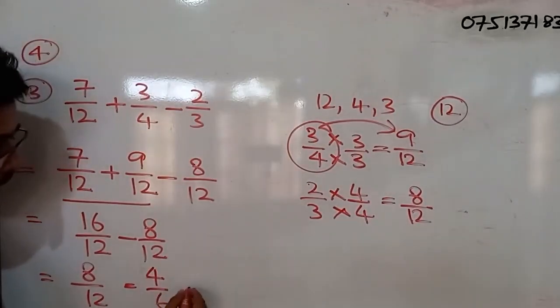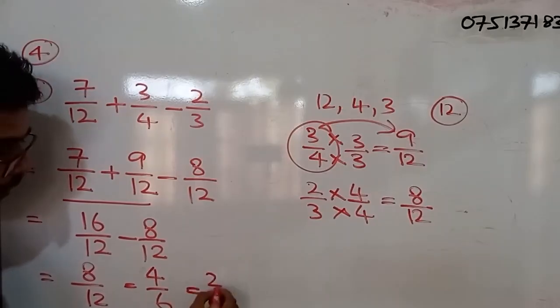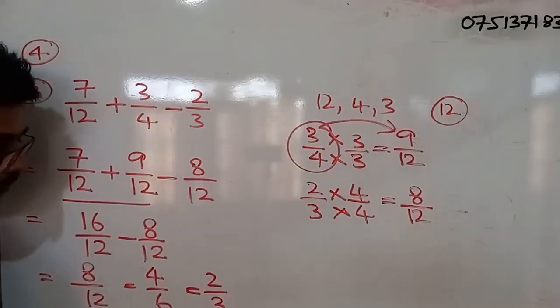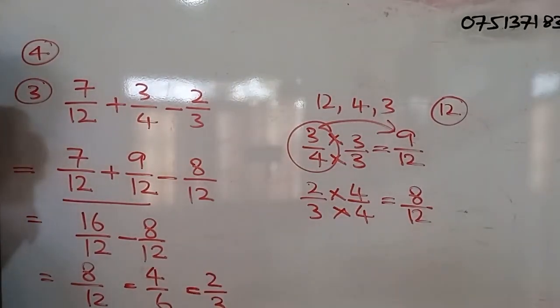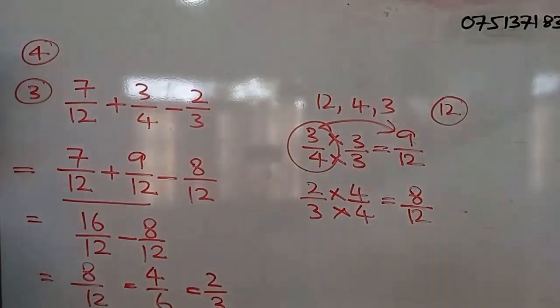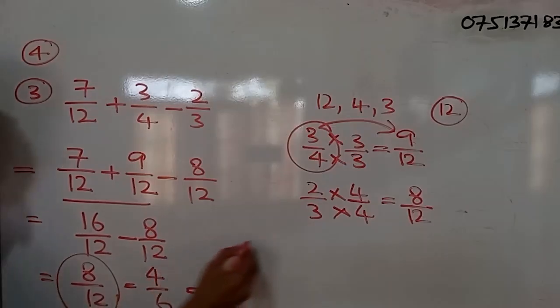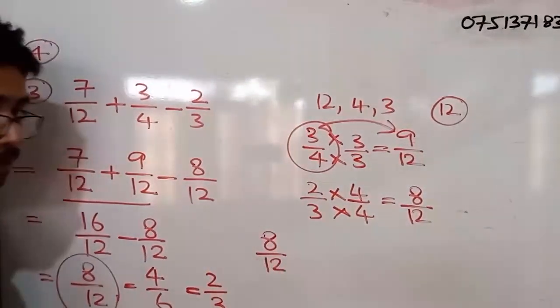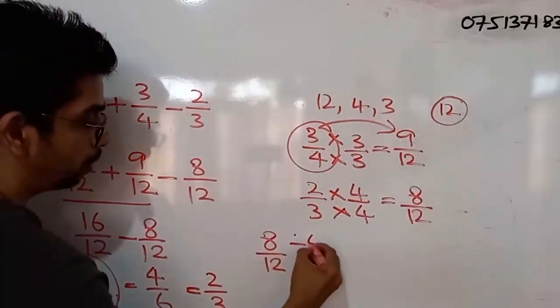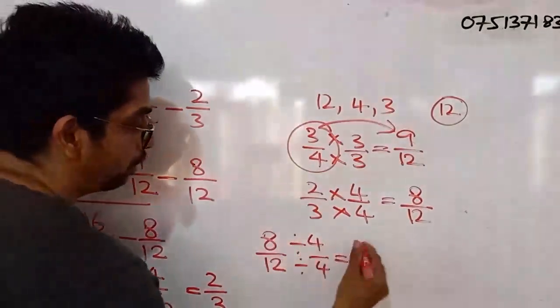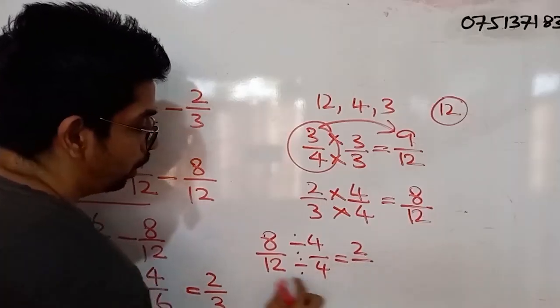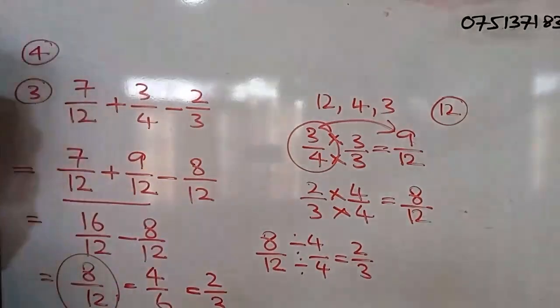Again I can divide the numerator by 2 and the denominator by 2, then I will be getting what? 2 by 3. So the simplified answer should be 2 by 3, right? From 8 by 12, we can directly divide the numerator by 4 and the denominator by 4 also. 8 divided by 4, we get 2. 12 divided by 4, we get 3. So we get the same answer.